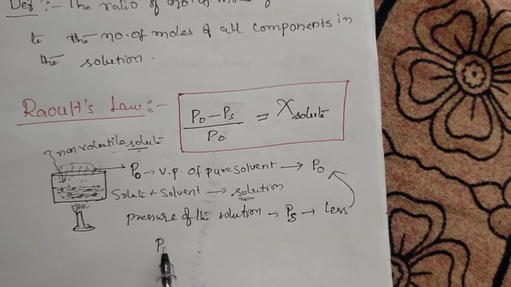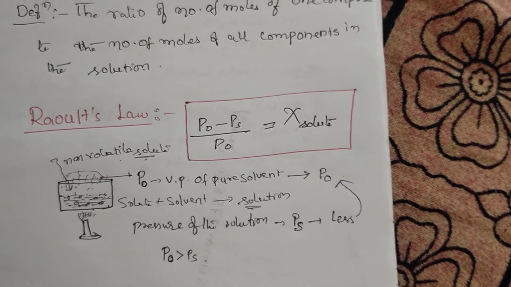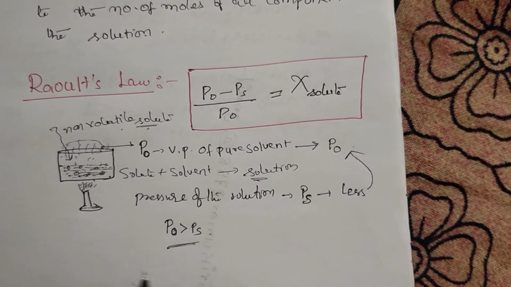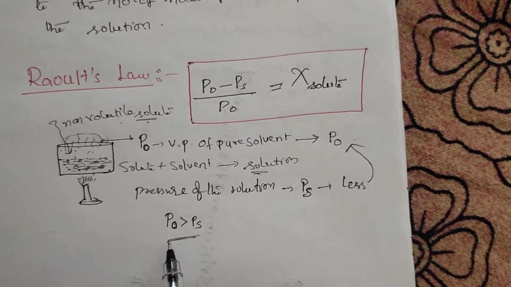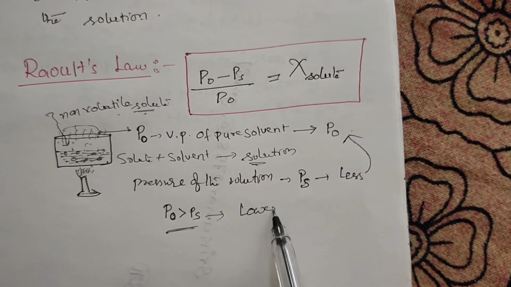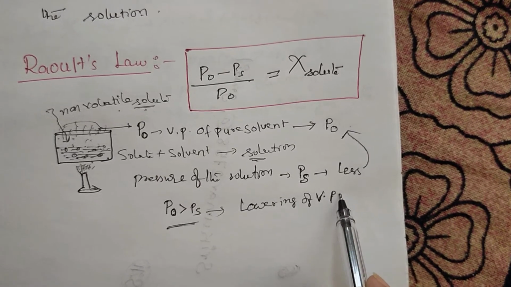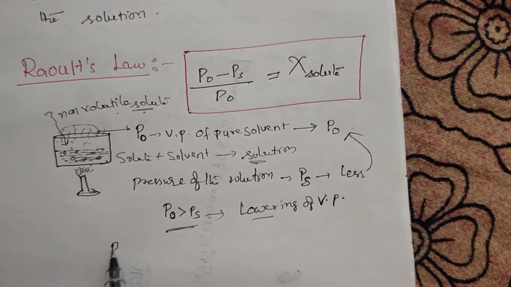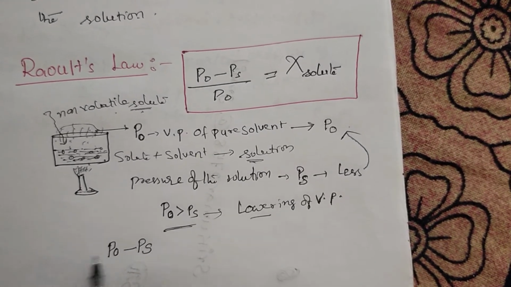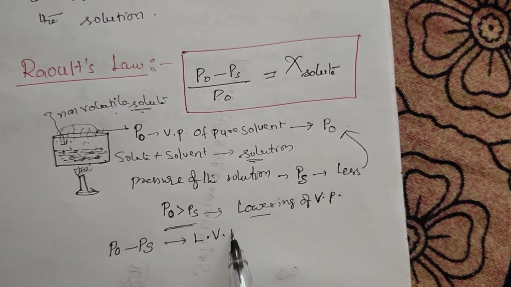So P0 is more than Ps, and the pressure decreases. This is called lowering of vapor pressure, represented by P0 minus Ps.